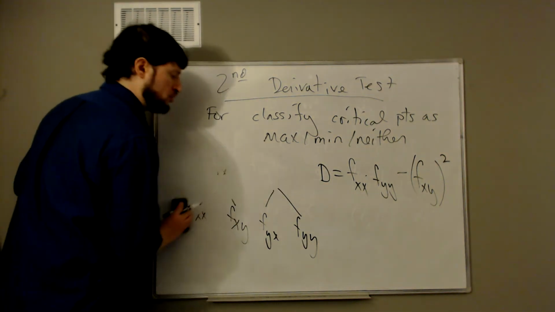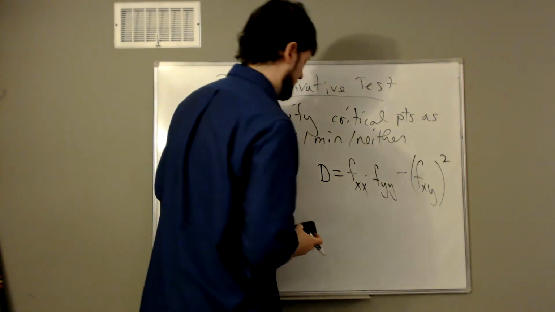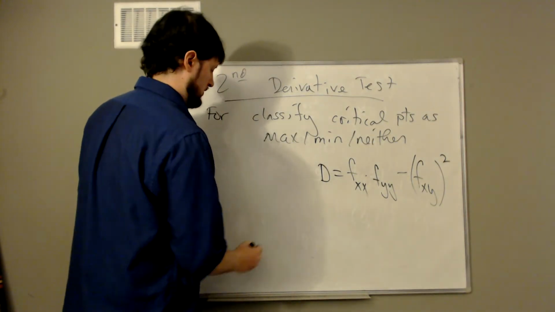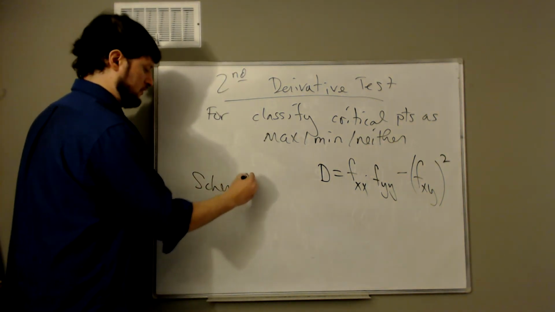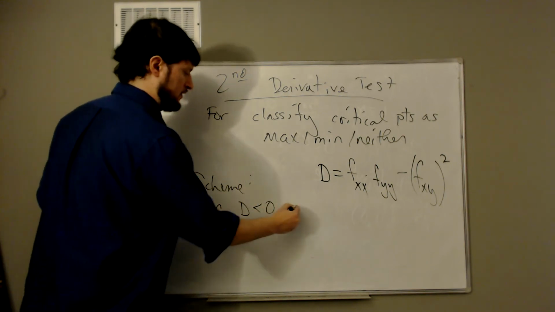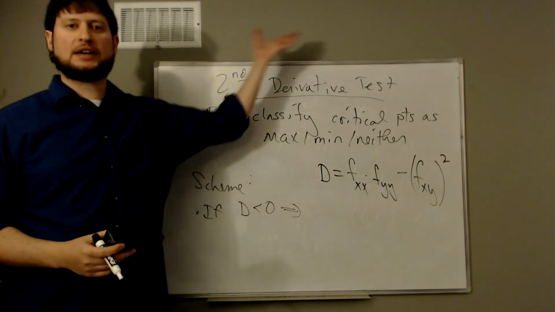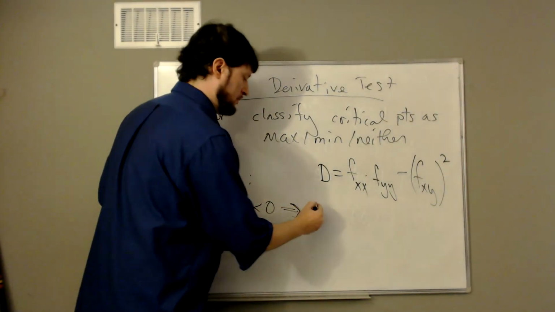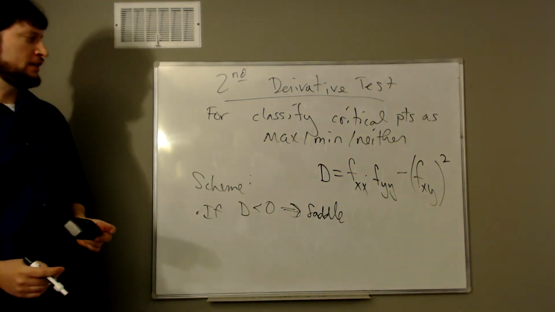And then here's the rule. Okay, so our classification scheme. If D is negative, then what we get is actually not a max or a min. It's our analog of an inflection point.